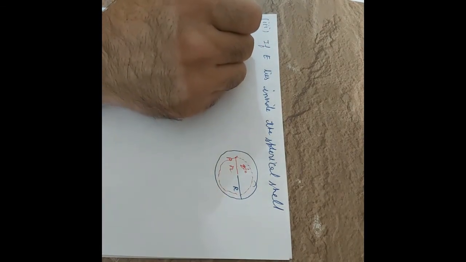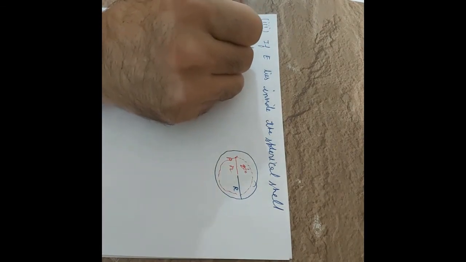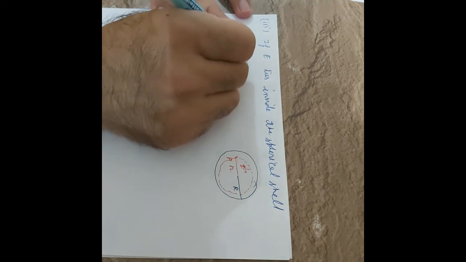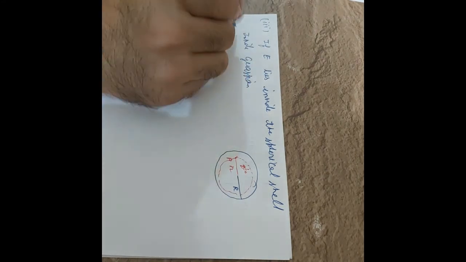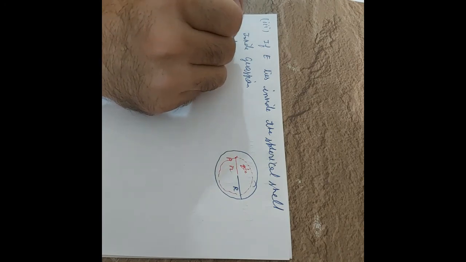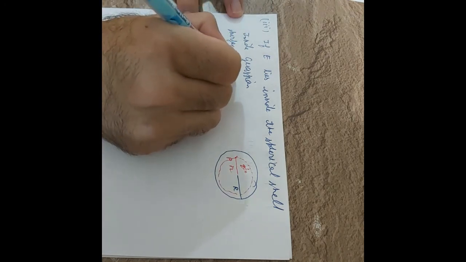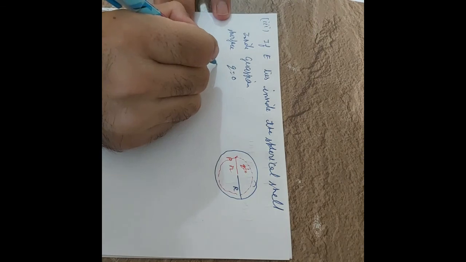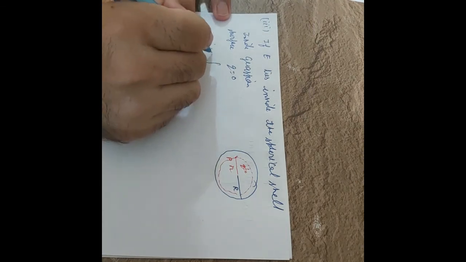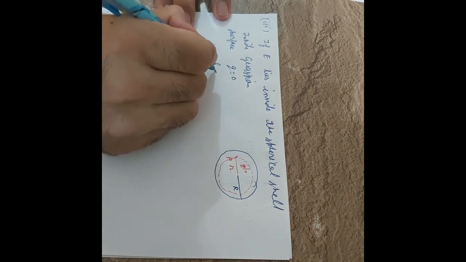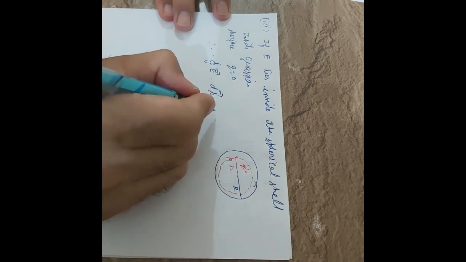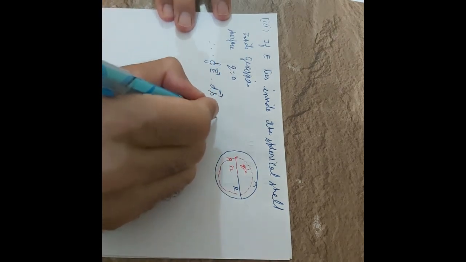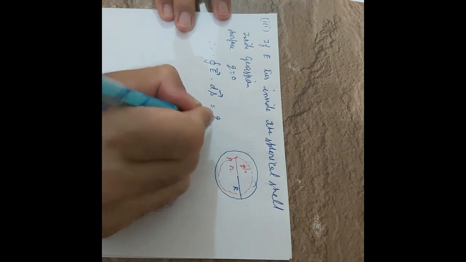Now inside the Gaussian surface, Q equals 0. Therefore electric flux, the integral of E dot dS, which equals Q by epsilon naught, equals 0.